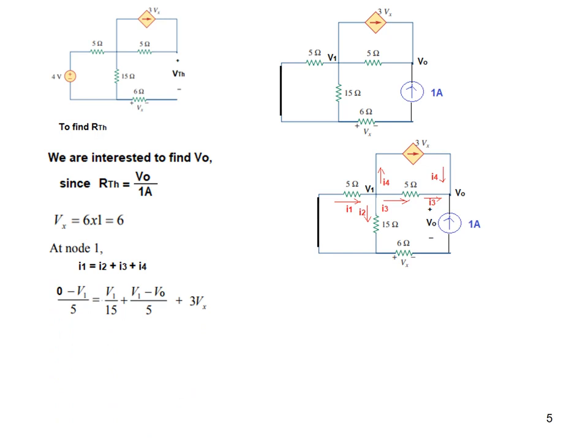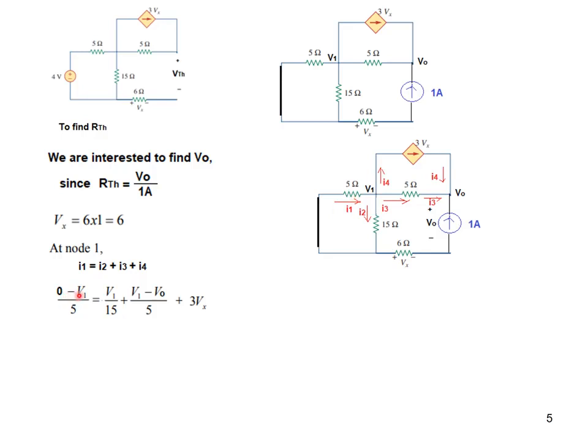And now we write the nodal equation. At node 1, you can see this current I1 entering, I2 leaving, I3 leaving, and I4 leaving. So I1 is equal to I2 plus I3 plus I4. Now converting these in terms of voltage, I1 is 0 minus V1 divided by 5.